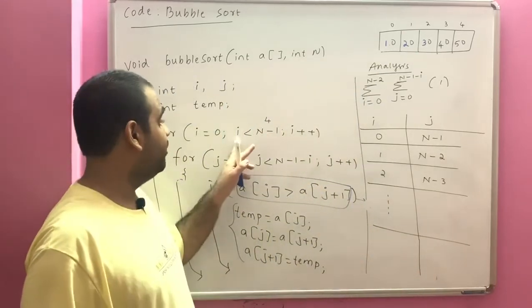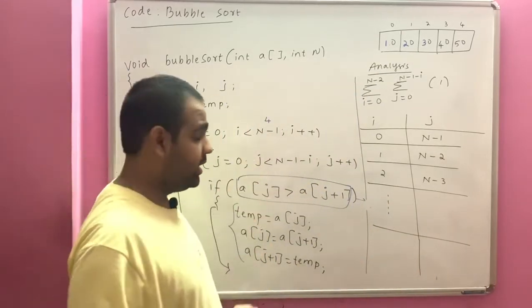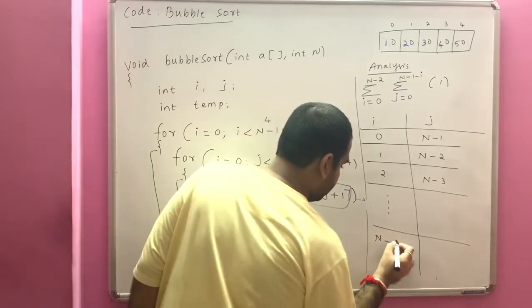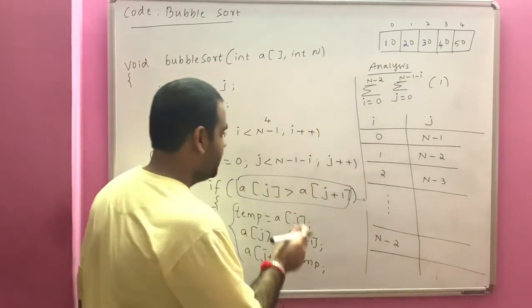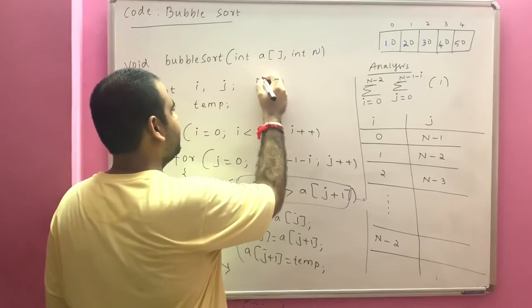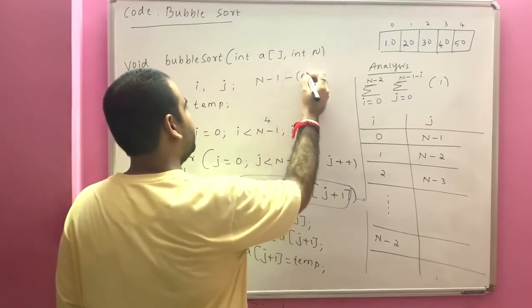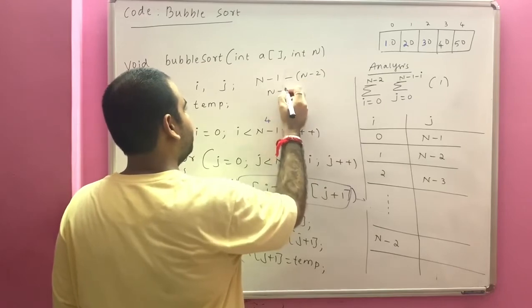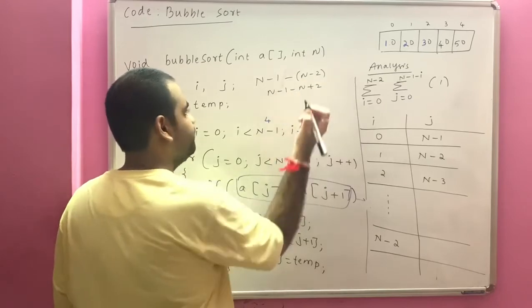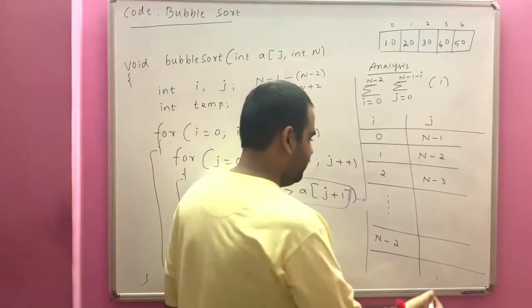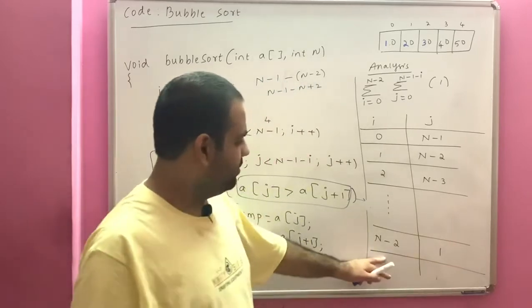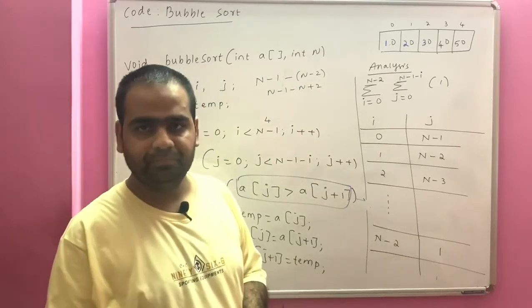The last value of i is n minus 2, right? Because when it is n minus 1, it fails. How many times will it run? Wherever there is i, substitute n minus 2. n minus 1 minus (n minus 2), which is n minus 1 minus n plus 2, equal to 1. It runs for 1 time. And when it is n minus 1, it stops the execution.